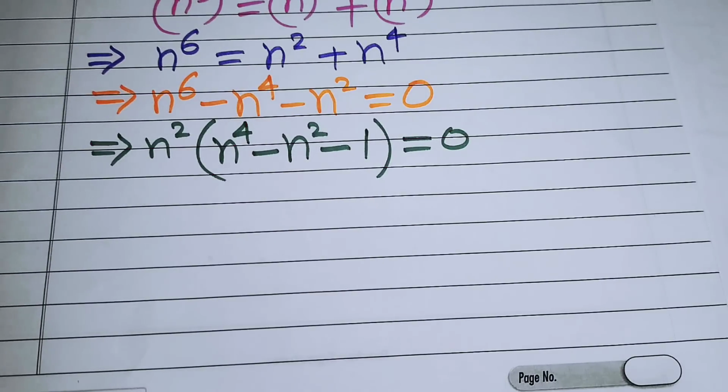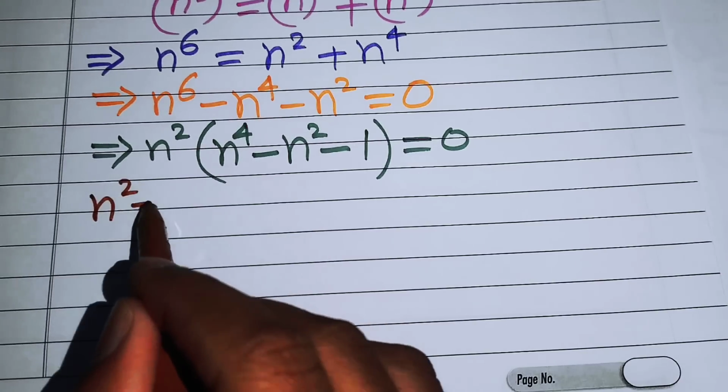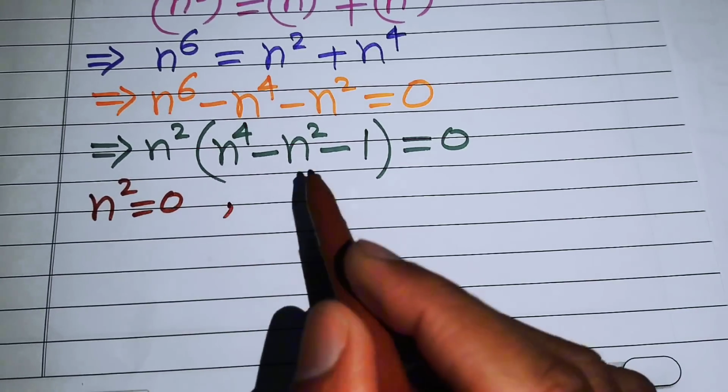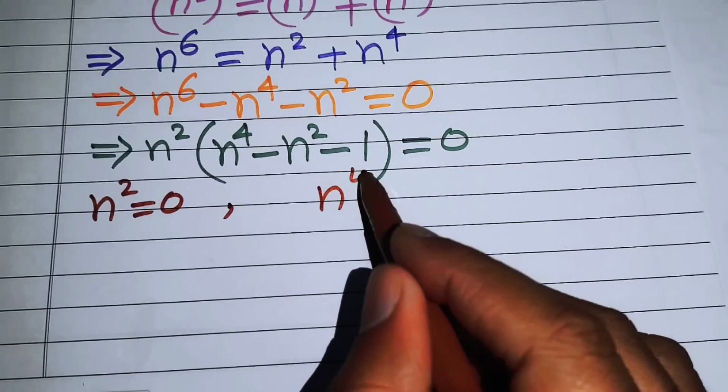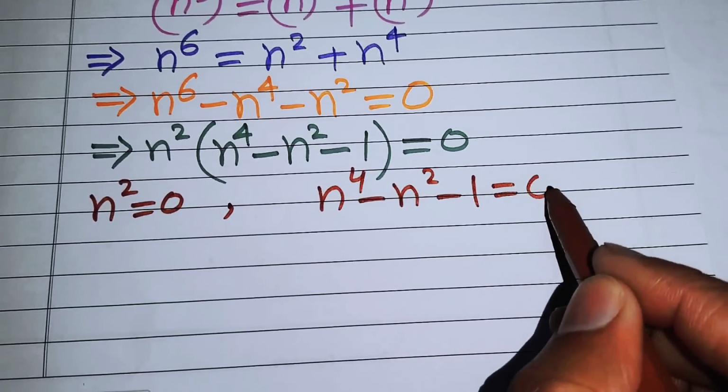So in the next step we have two cases here, so our first case is we write n squared equals 0, and the other case is we write n to the power of 4 minus n squared minus 1 equals 0.